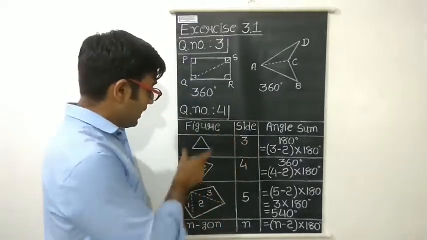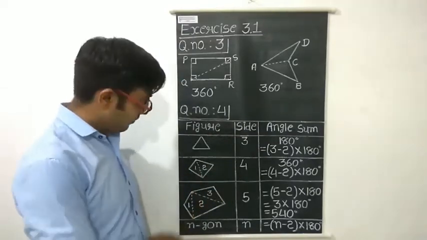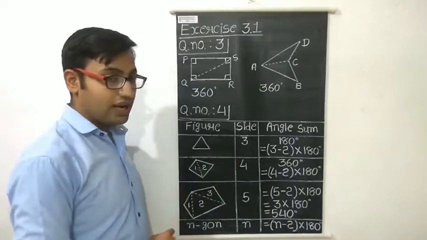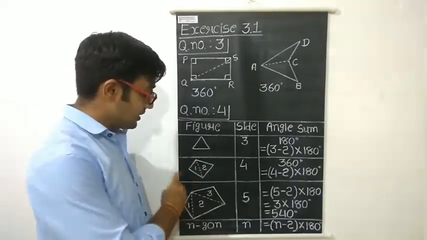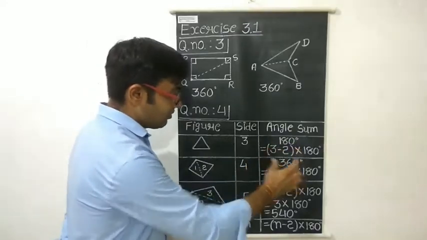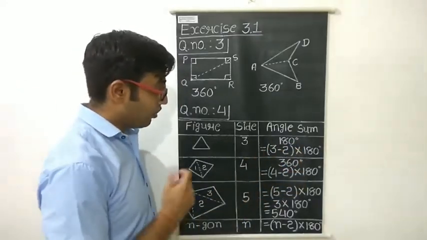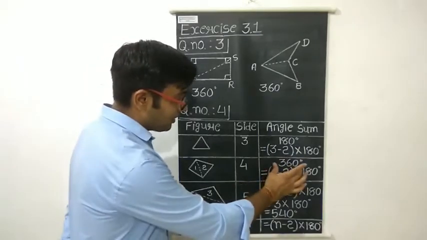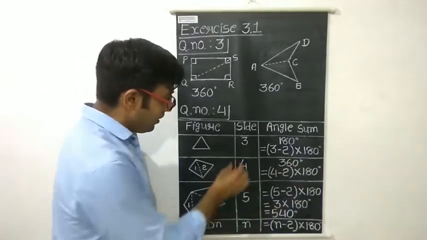Okay. So the next figure is a quadrilateral. It has 4 sides. We can divide it into the 2 triangles that you know now very well. As there are 2 triangles inside a quadrilateral, the angle sum is equal to 360 degrees. Now think, what will happen if we rewrite this 360 degrees in this way?